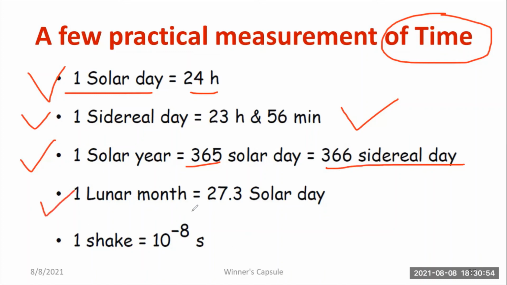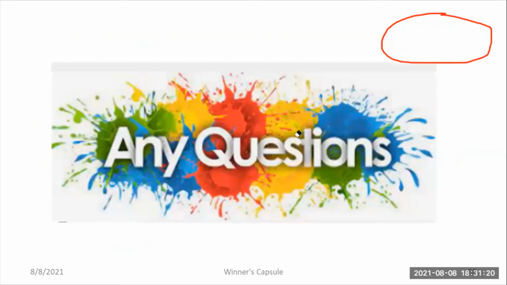One lunar month is equal to 27.3 solar days. Find out these relations; you can expect some numerical examples as well. One shake is equal to 10 to the power minus 8 seconds, a very tiny unit of time. These are the popular units for the measurement of time. Keep these points in mind. These units are also very important.